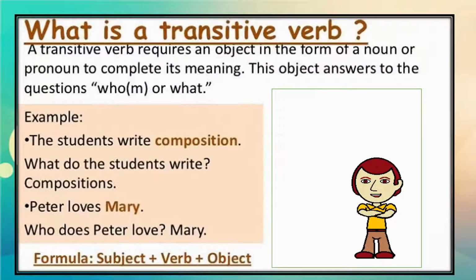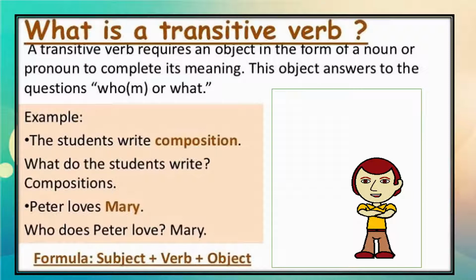So let's see first what a transitive verb is. A transitive verb requires an object in the form of a noun or pronoun to complete its meaning. This object answers the question whom or what. Let's understand this definition with the help of an example.